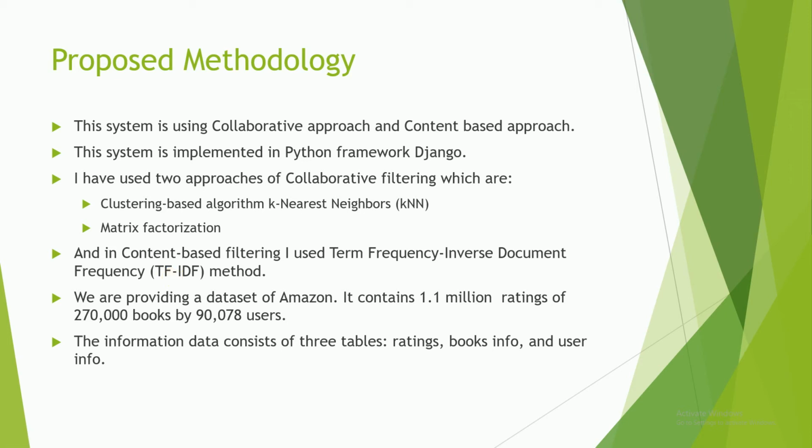First of all we will need some data set. So we will use an Amazon data set, which is a very authentic data set. In that data set we have some 1.1 million ratings of 270,000 books by 90,000 plus users.